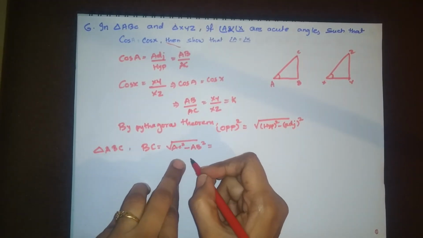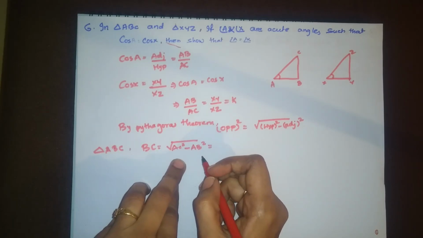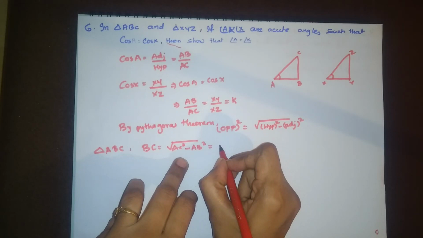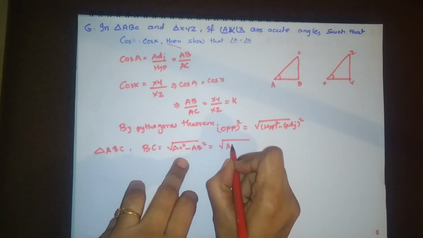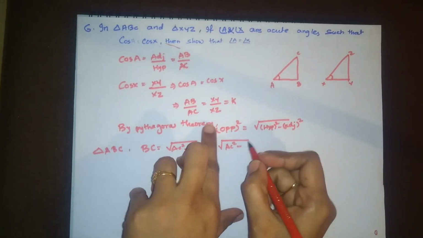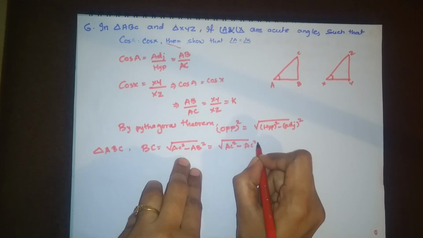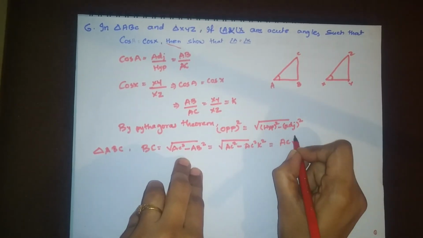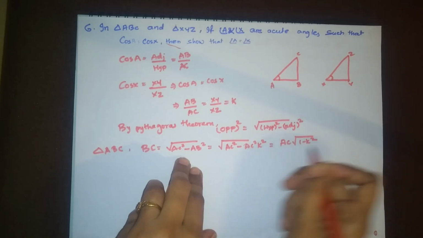Now replacing AB here, what do we get? AC square minus AC square K square, which is equal to AC times the square root of 1 minus K square.